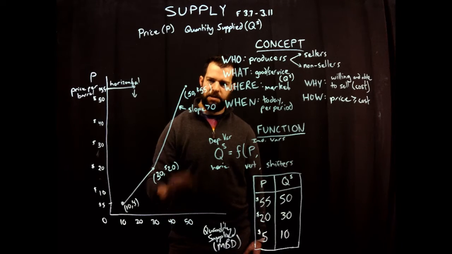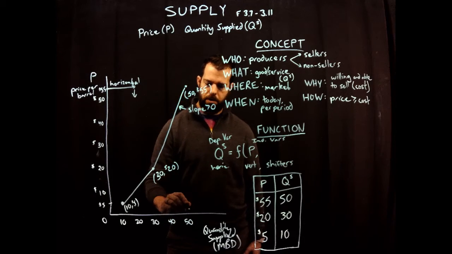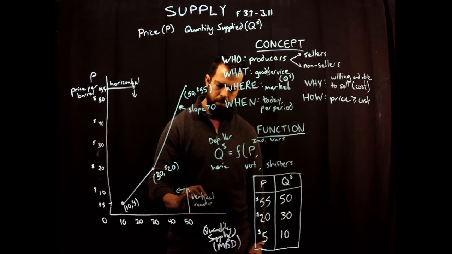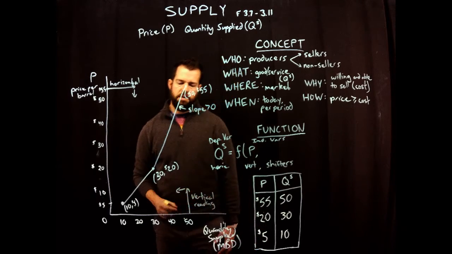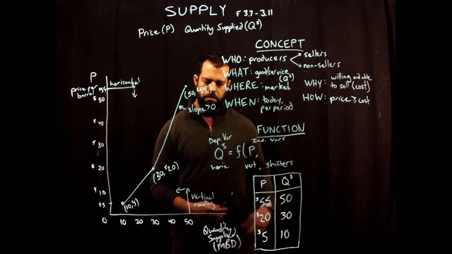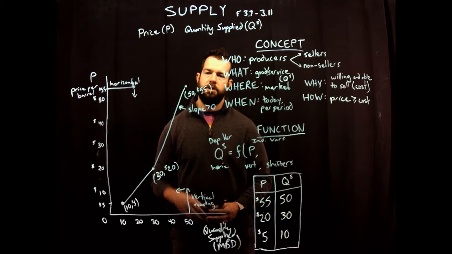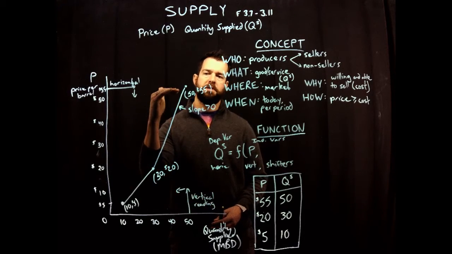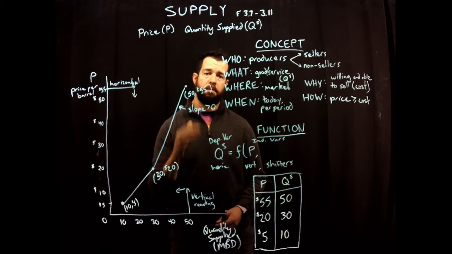We could also take that same approach to this point and use a vertical reading. And so for 50 million barrels of oil produced per day, the minimum price that producers are willing and able to accept is $55 per barrel.